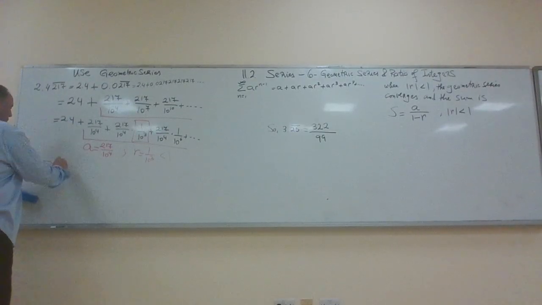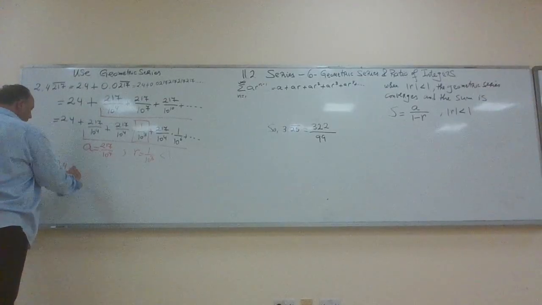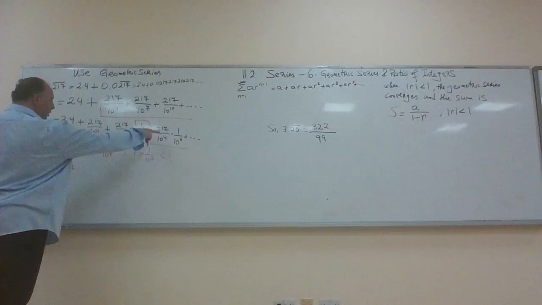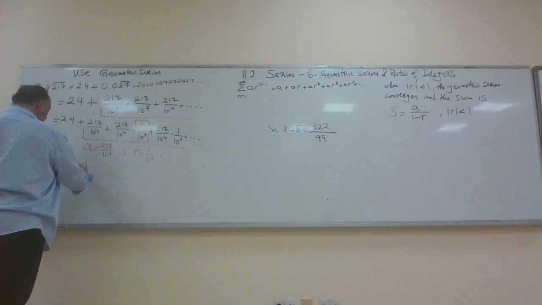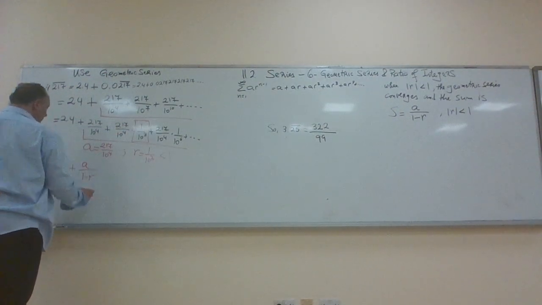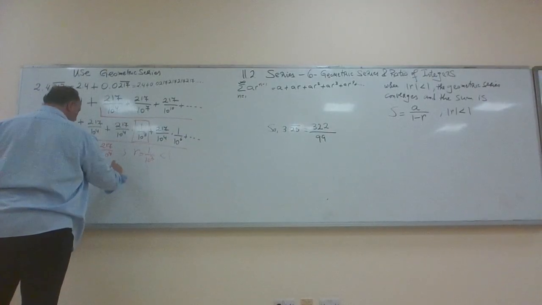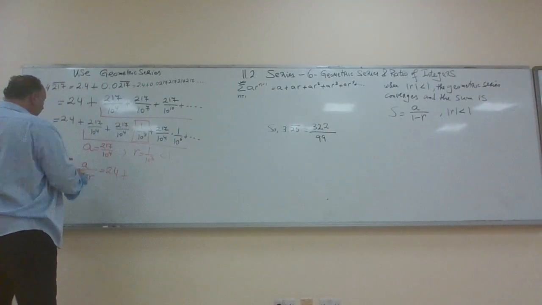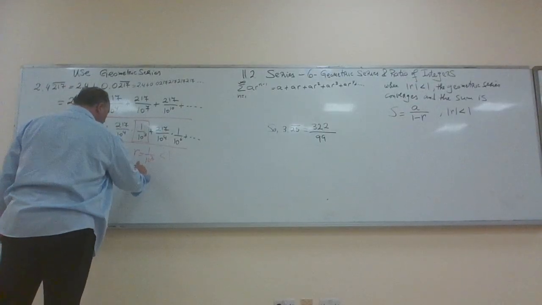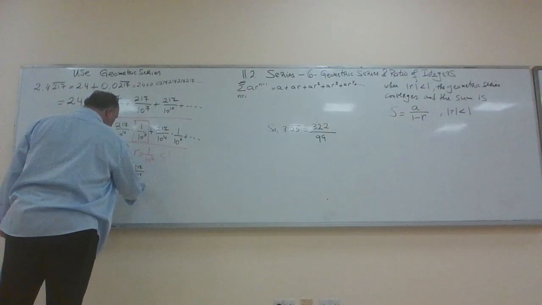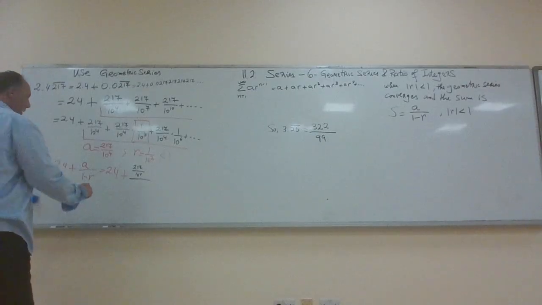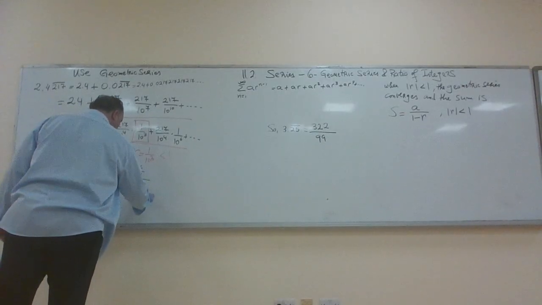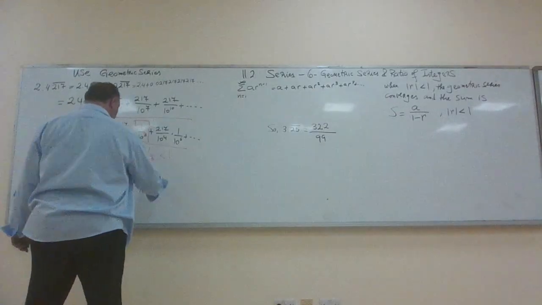So we have 2.4 plus, and the sum of this geometric series is A divided by 1 minus R, as usual. So we have 2.4 plus. Now A is 217, so now it's just copy paste. 1 minus 1 over 10 to power 3.